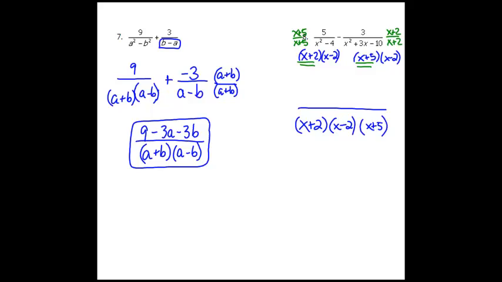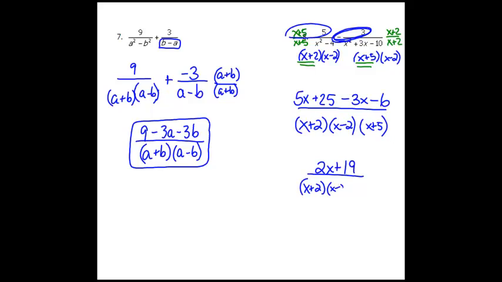Now I have to worry about the numerators though, so when I multiply that out, I get 5x plus 25 minus, and keep in mind that is a minus 3x minus 6. When I simplify that numerator, it becomes 2x plus 19 all over x plus 2 times x minus 2 times x plus 5.